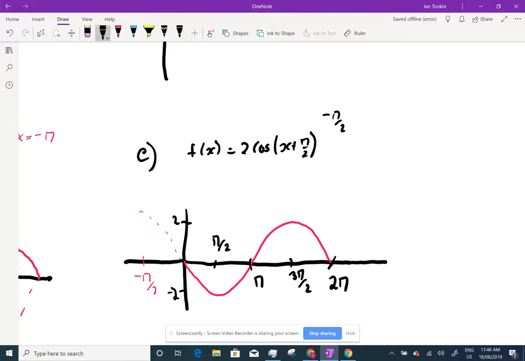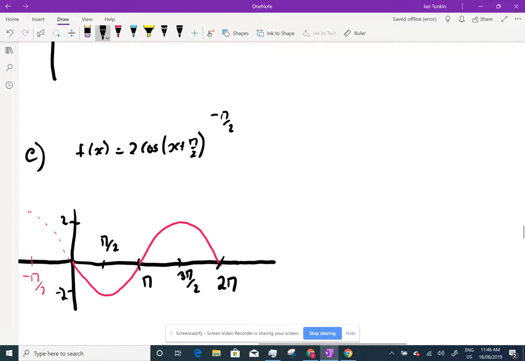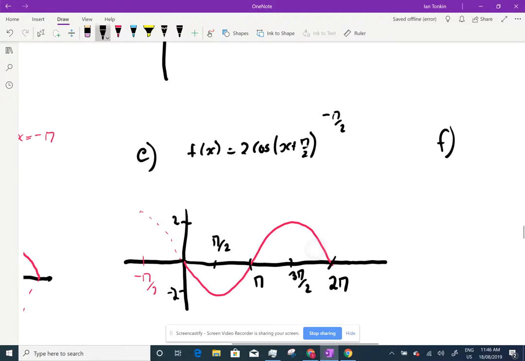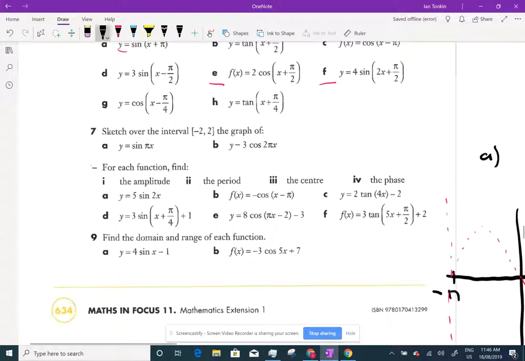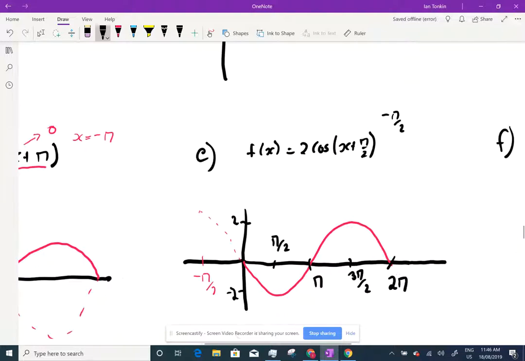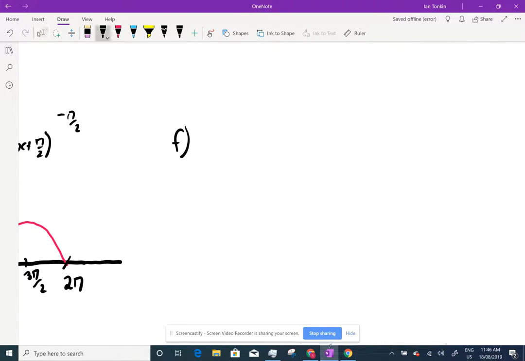Okay, so let's go to F, because F was a hard one, and it's the only one that was a bit dodgy. 4 sine 2x plus pi on 2. y equals 4 sine 2x plus pi on 2.